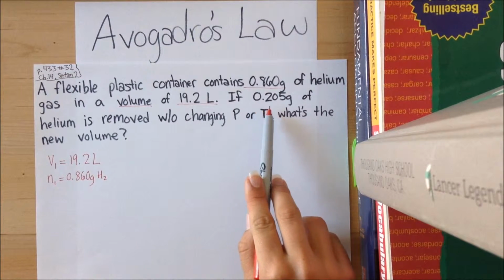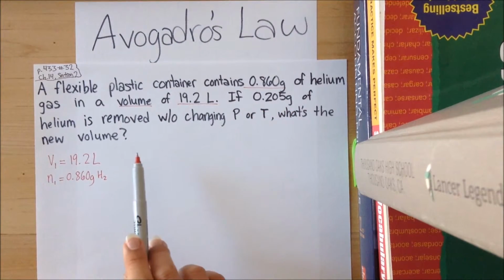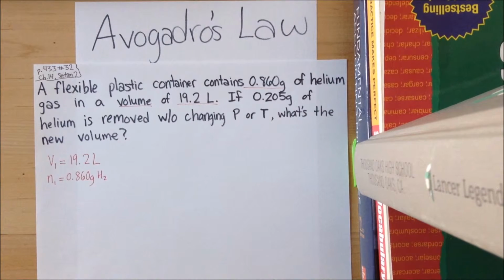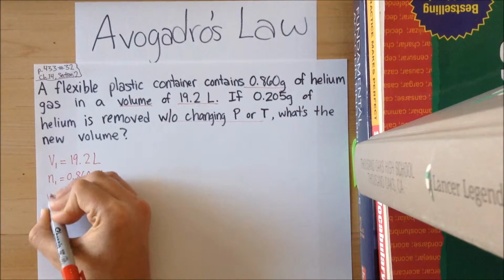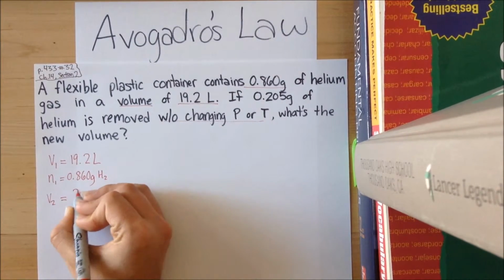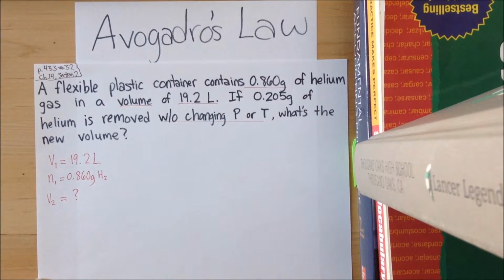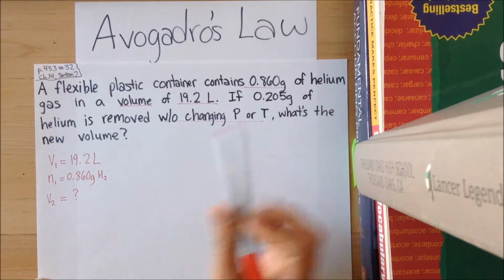If 0.205 grams of helium is removed without changing pressure or temperature, so that tells us that the pressure and temperature are constant, what's our new volume? So what we're looking for is V2. That's our unknown variable, and they've given us this number, but it says it's removed.